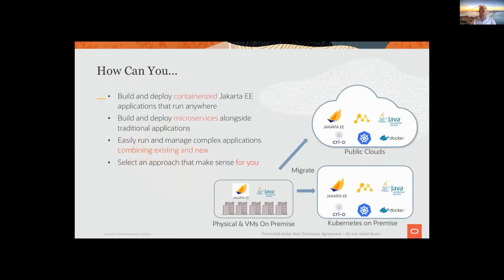And to state it another way, the question is, how can I containerize? I've got an existing portfolio of applications running typically on physical machines and virtual machines on premises. How do I containerize those technologies, run them in Kubernetes, either in private clouds or in public clouds, and evolve those technologies there, or gradually adopt microservices technologies like MicroProfile to deploy applications that can coexist with my existing Jakarta EE applications?